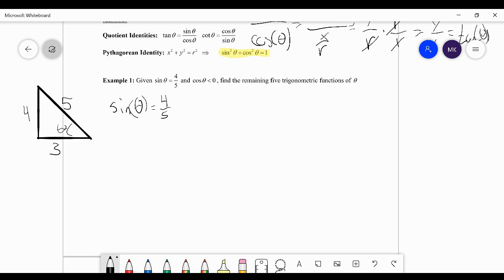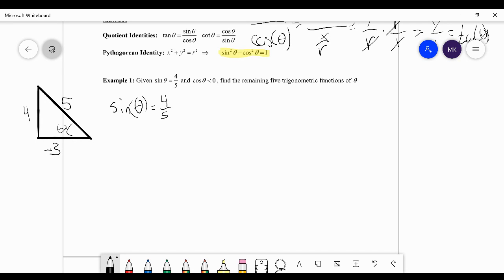But is that 3 positive or negative? I don't know which angle or which quadrant this is in, but because I am told that the cosine of theta is less than 0, that means for that to be true, this 3 must be negative.